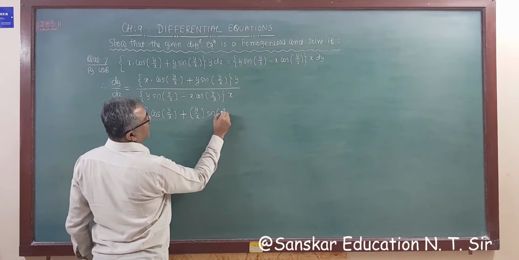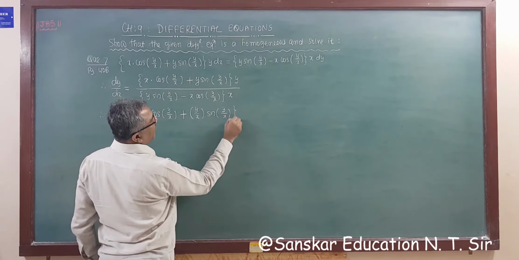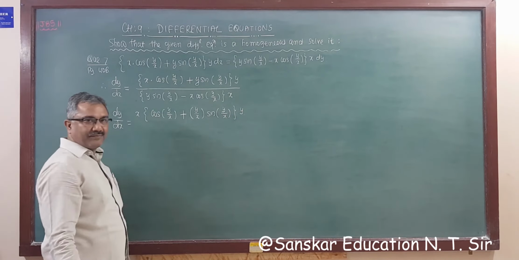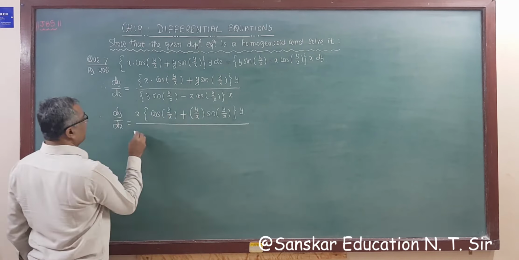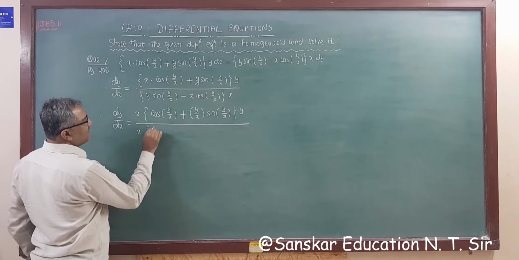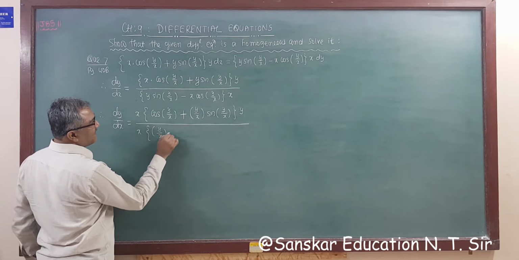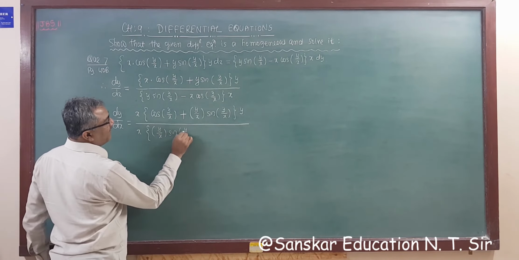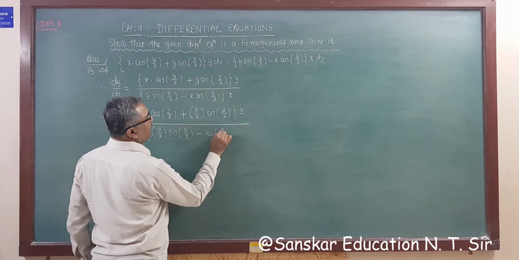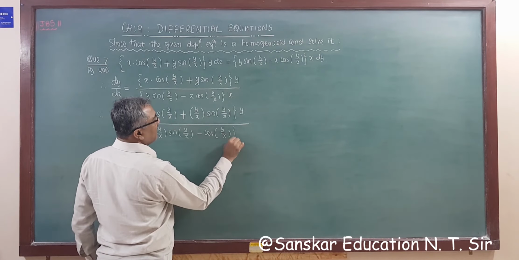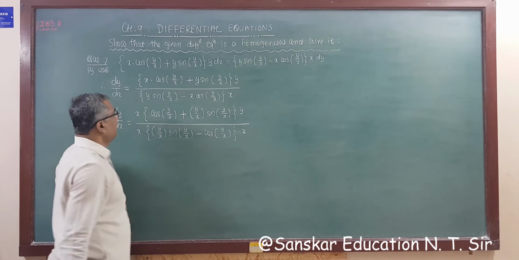You have to write consciously, right? Into y as it is. Got it? Now again taking x common from here, we get y by x sin y by x minus cos y by x, right? And x as it is. Got it?